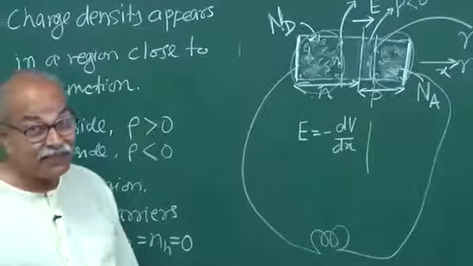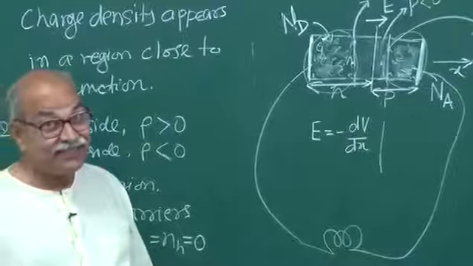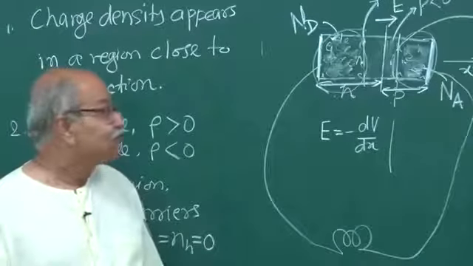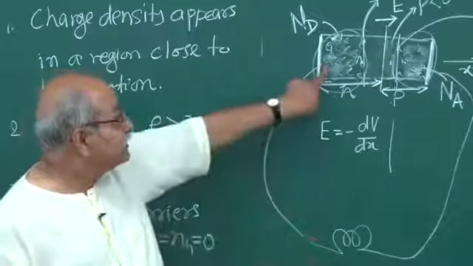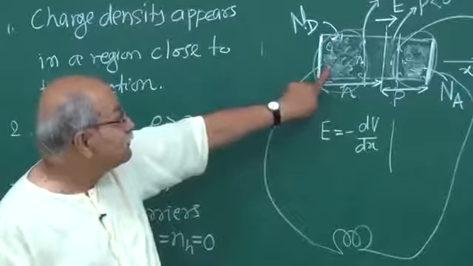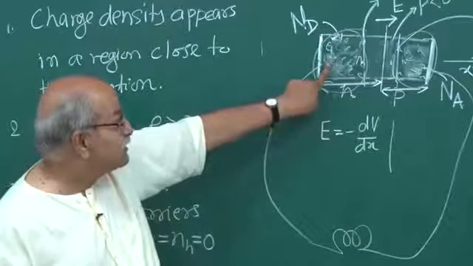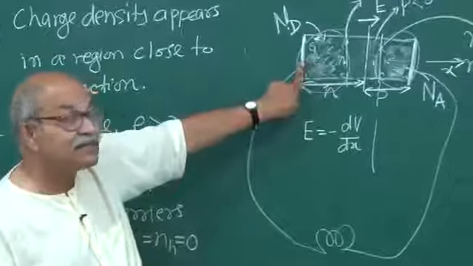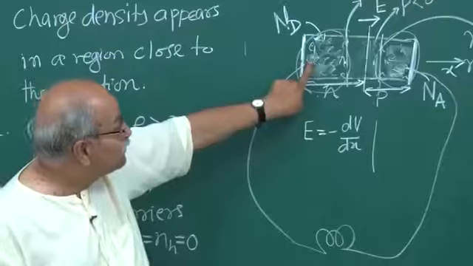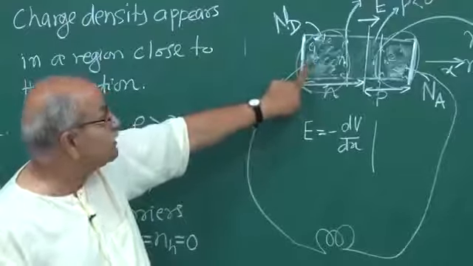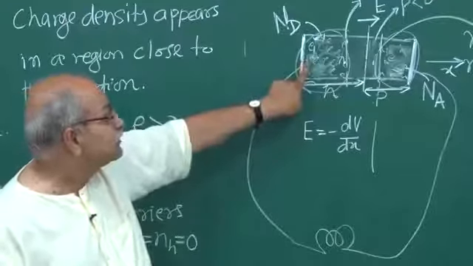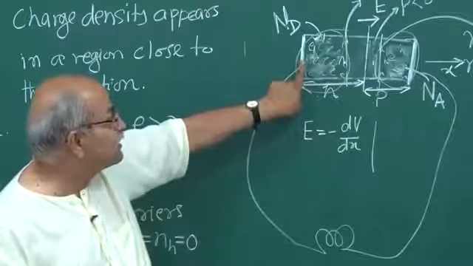But it doesn't happen like that, because here also you have different kinds of materials. You have the doped semiconductor here, and then the metal. Once you go from a semiconductor to a metal, there is a junction, so you do have a potential difference here also.